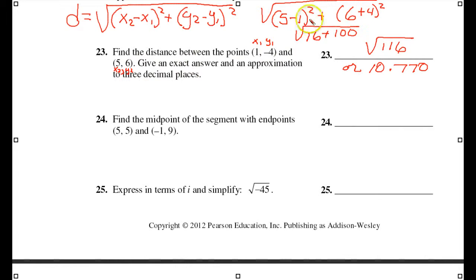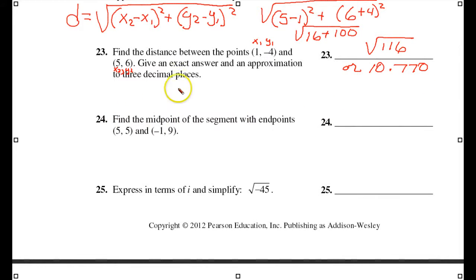And you substitute, and you get a 4 here that you're going to square. You get a 10 here that you're going to square. You add these together. Get the square root of 116 is the perfect answer, or the exact answer. And then this is the approximation to 3 decimal points.